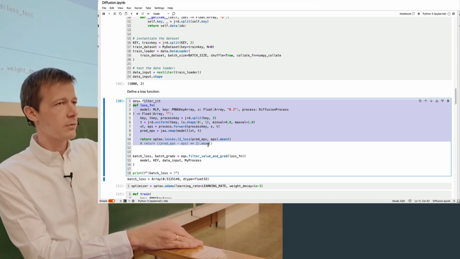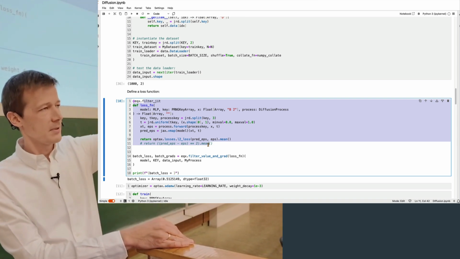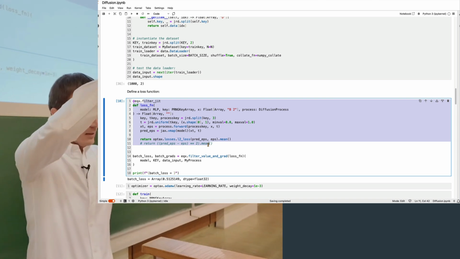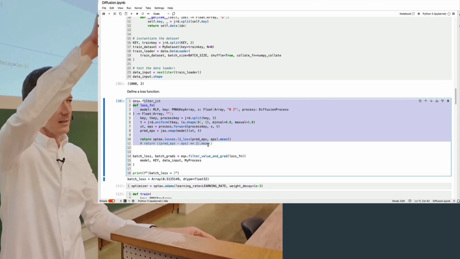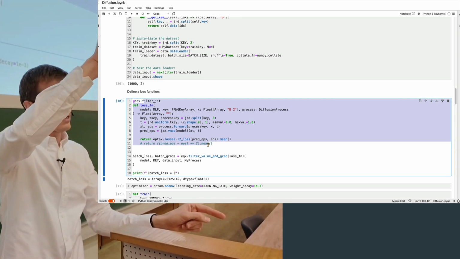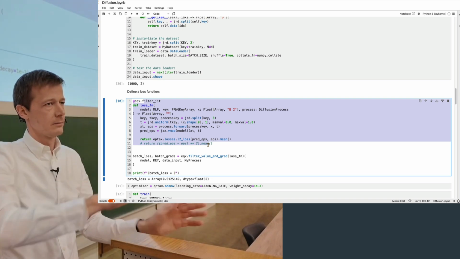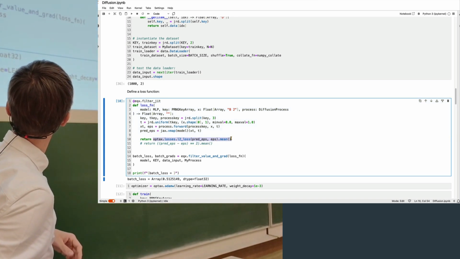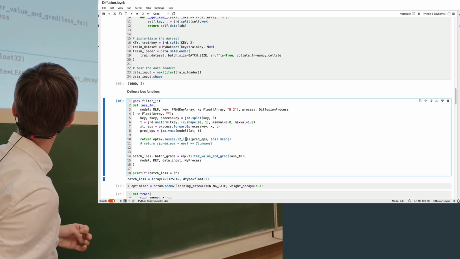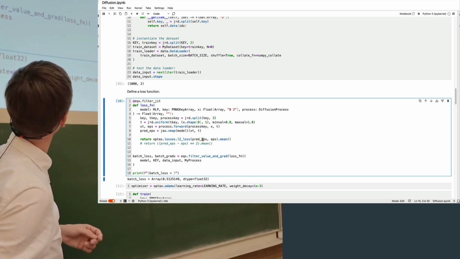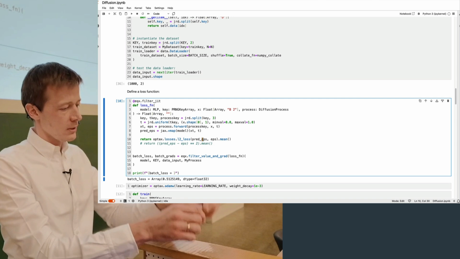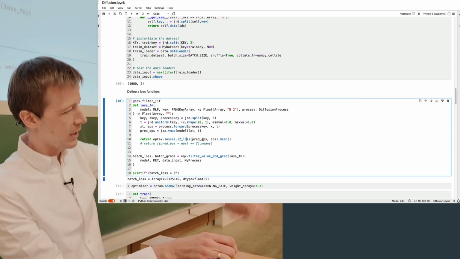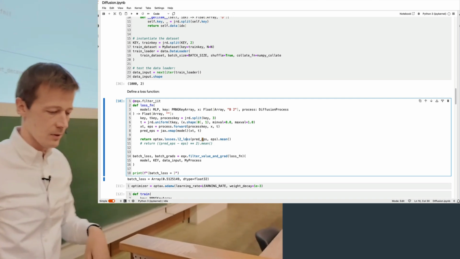I ask the diffusion process, please make a random sample. It tells me that's your random sample xt. I compute the vector between xt and x0. And ask my neural network to learn that vector in an L2 sense. So I return an L2 loss, that's like a slightly nicer way of writing an L2 loss, between the actual direction that gets me from x0 to the noise and the one that the model predicts.